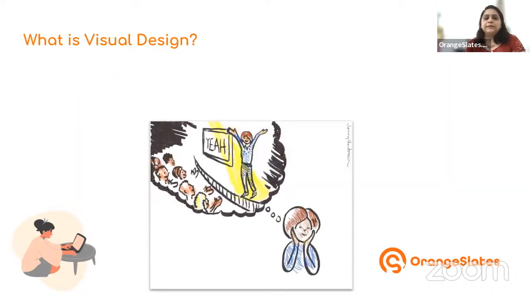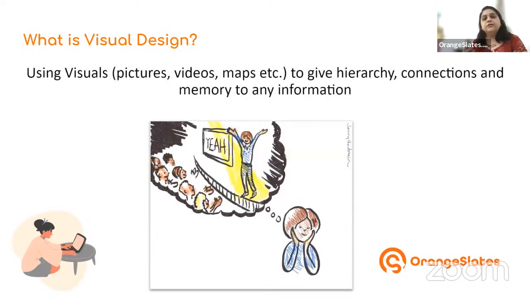So what is visual design? As I explained, it is using visuals to give hierarchy, connection, and memory to your information. So if you are designing a lesson plan, you divide into small chunks. You give the main concept first and then discuss the subtopics. That is giving hierarchy to your lesson, right? That is giving connections to your previous knowledge.